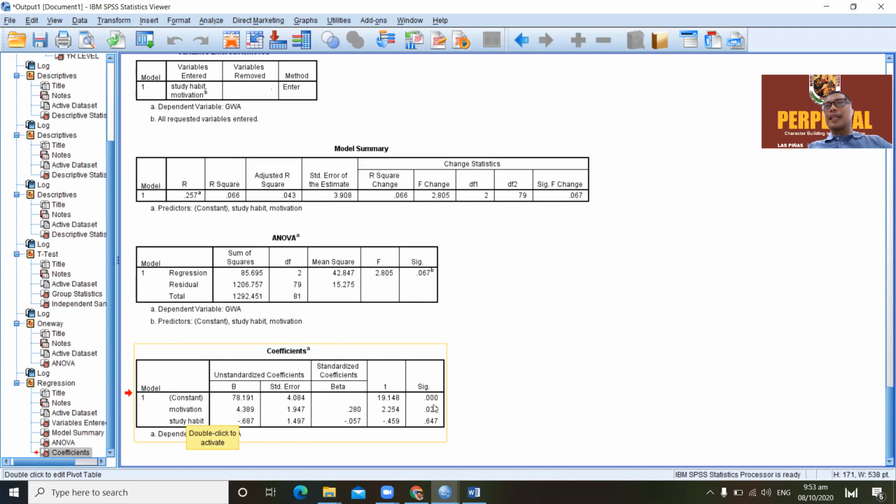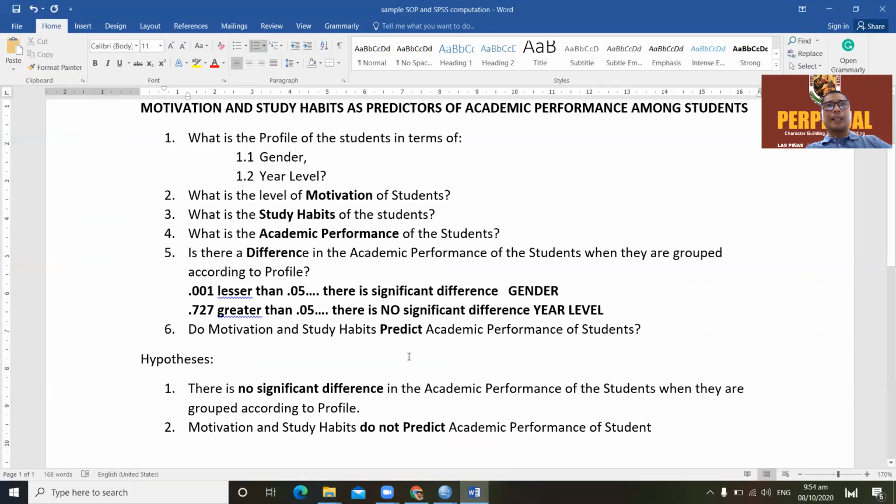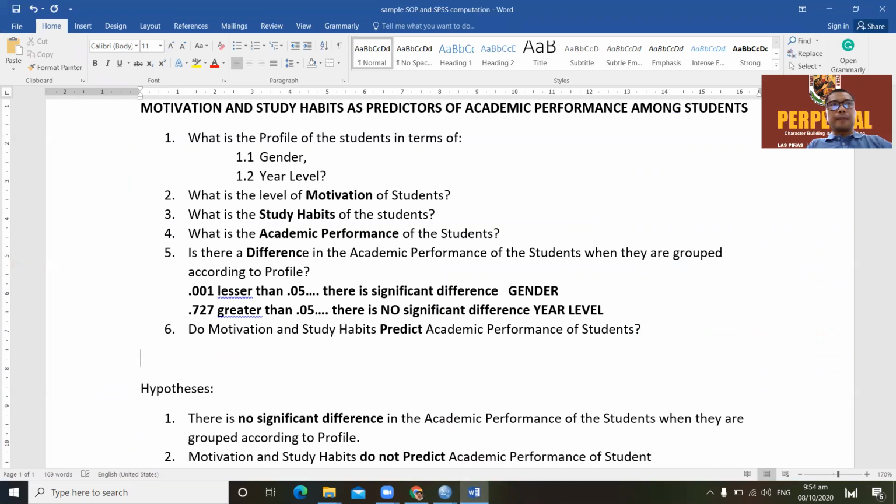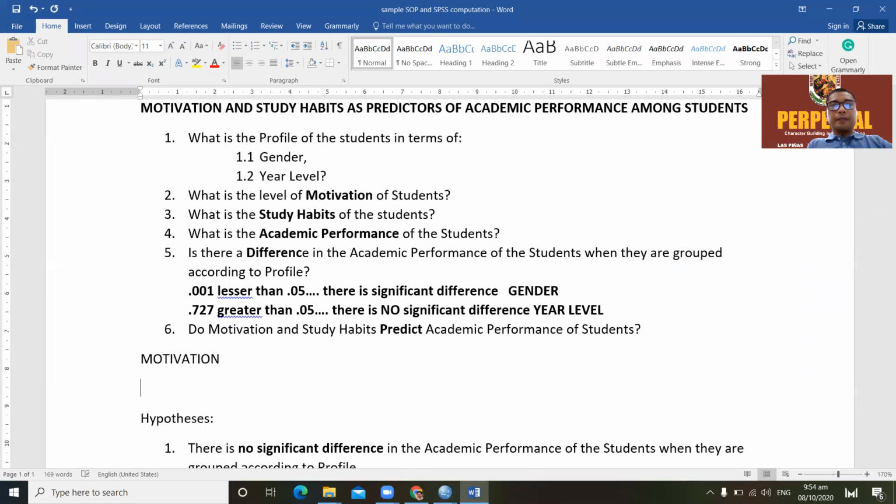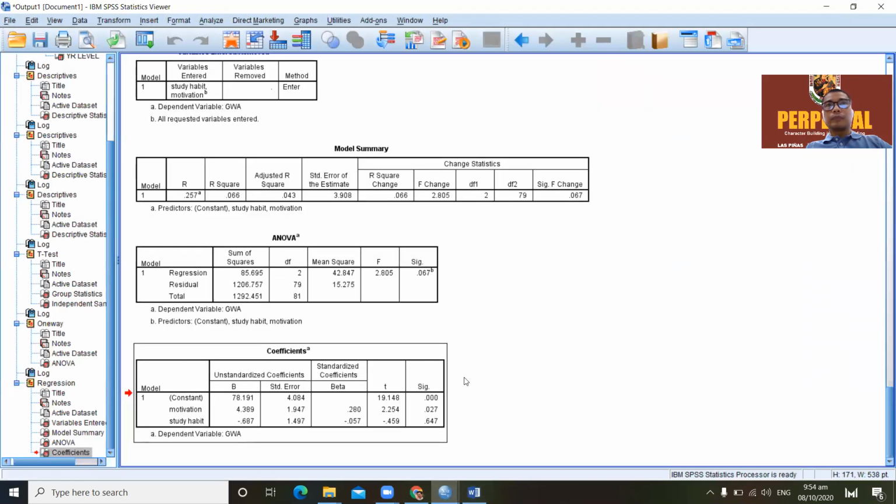Let's look at the Sig. Same rule versus 0.05. You look at only the two data. The result for motivation is 0.027.